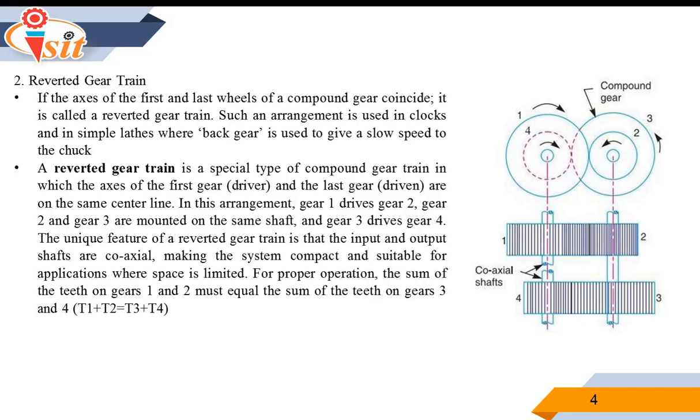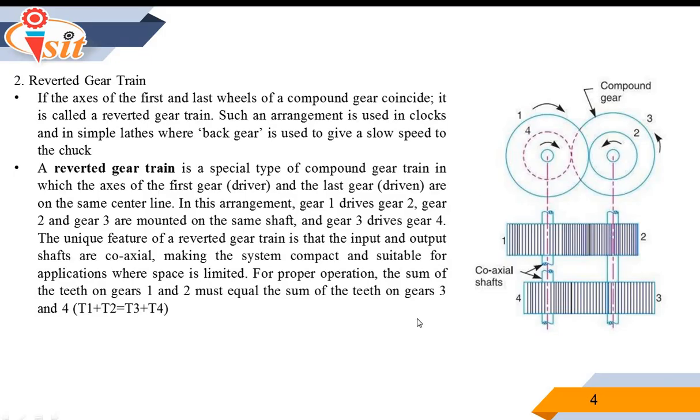Reverted gear trains are commonly used in clocks, watches, lathe back gears and various gearbox mechanisms. Although they provide high speed reduction in compact space, their design is more complicated than that of an ordinary compound gear train and requires precise manufacturing and alignment.